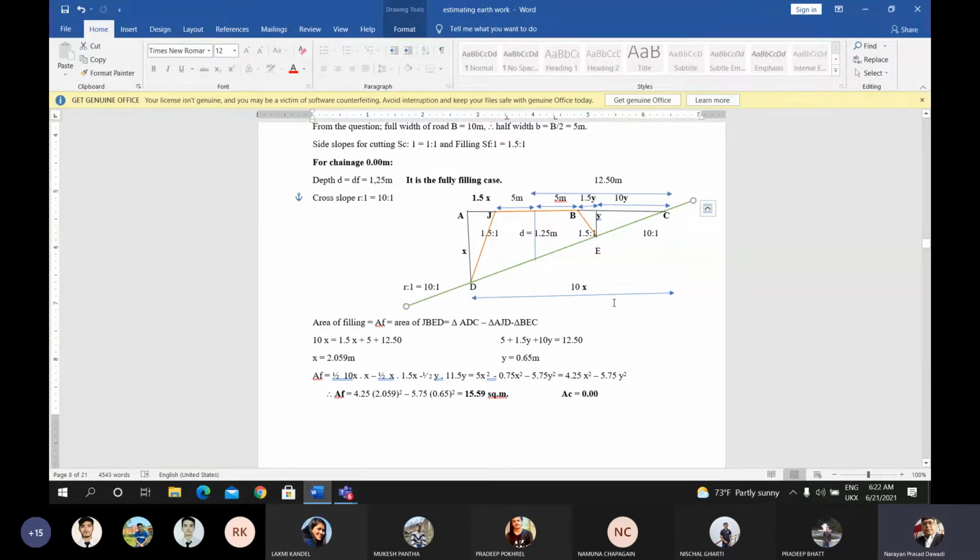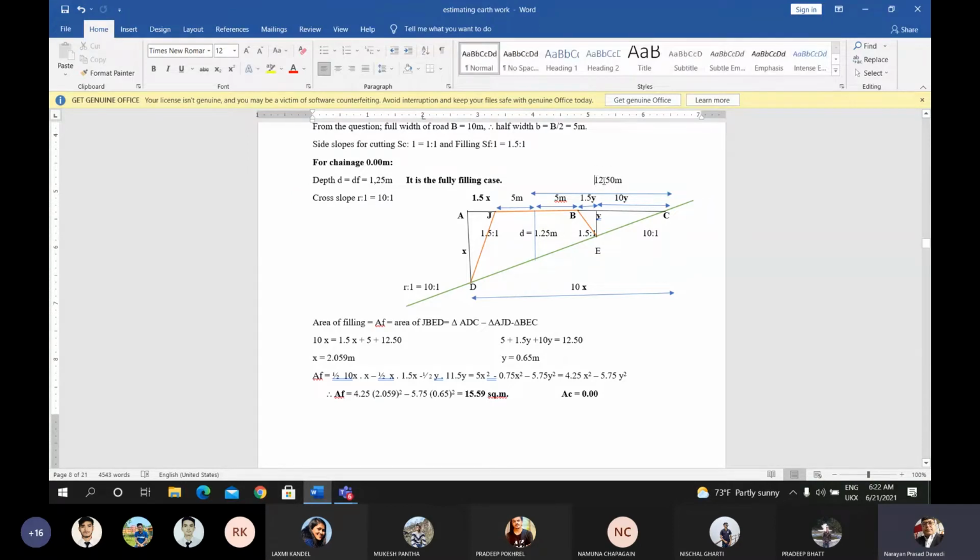Now for the second triangle, the bigger triangle to the right side of the center line, the perpendicular height up to point C is 1.25. The horizontal distance from the center line of the road to point C will be 1.25 into 10, and that value will be 12.50 here. I have kept this value as 12.50.